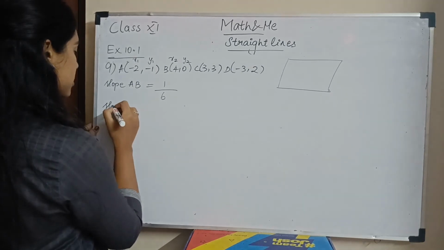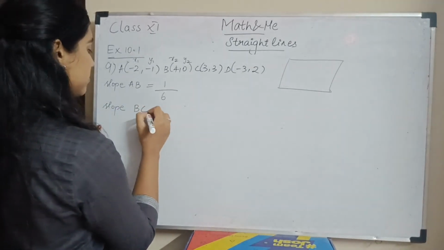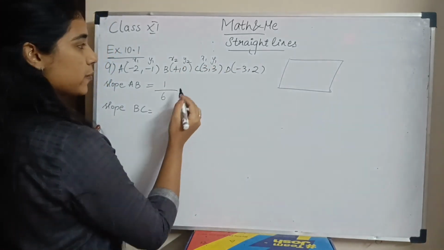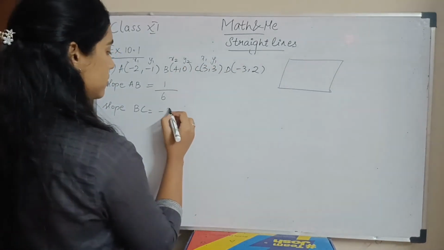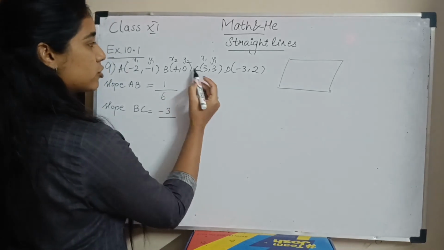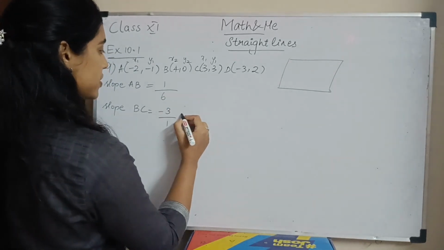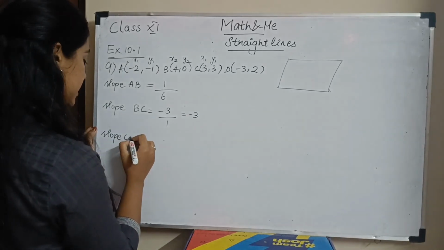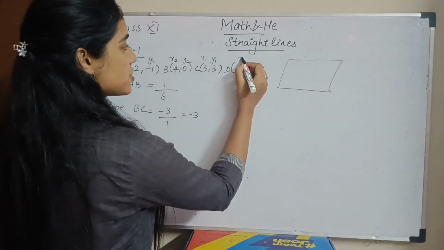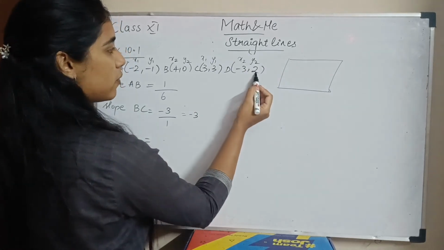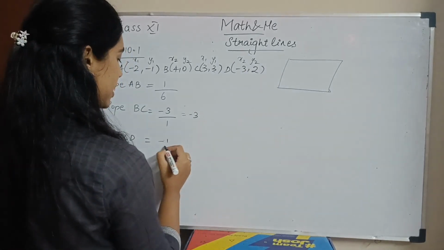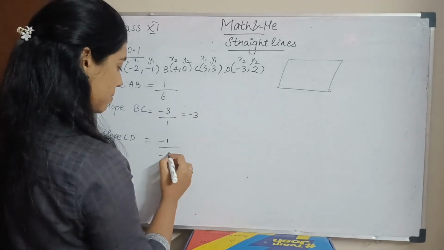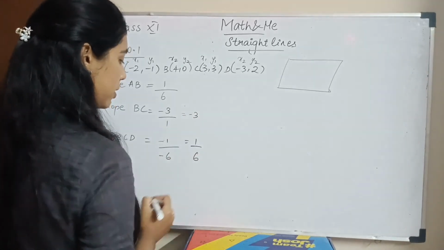Now you have slope BC. So now this becomes your x1, y1 and this is your x2, y2. So y2 minus y1 divided by x2 minus x1, which is 1. So you get minus 3. Slope CD. So now this is your x2, y2. You have y2 minus y1, which is minus 1. x2 minus x1, minus 3 minus 6, which is equal to 1 by 6.